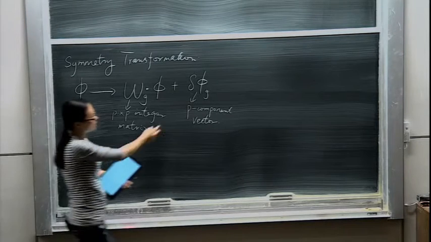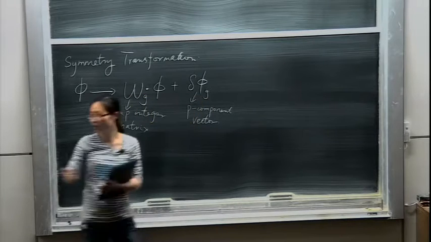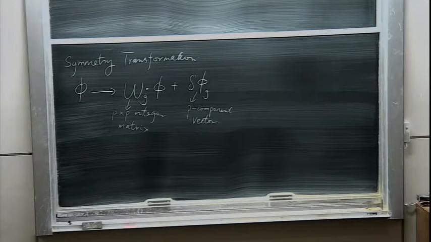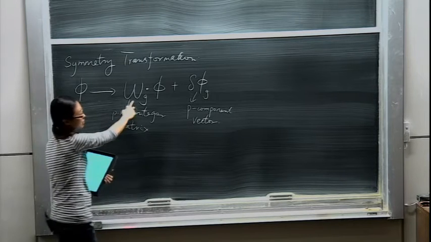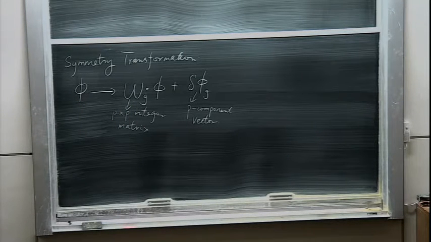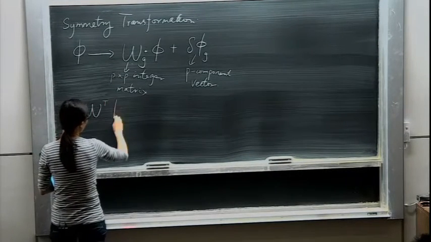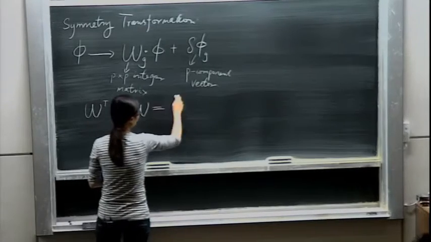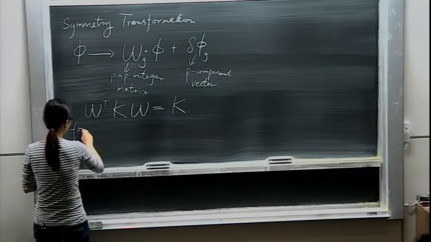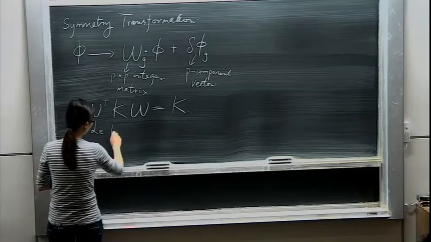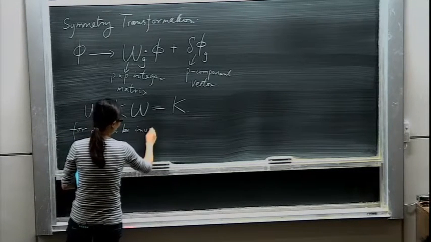When we plug this in, this part actually doesn't show up because we always take the partial derivative in writing this Lagrangian. So delta phi just disappears. But what happens is that this W goes into redefining these phi's, and they get multiplied with this K matrix, right? So in order for the Lagrangian to be invariant, we want W transpose K W to be equal to K for the edge theory to be invariant.